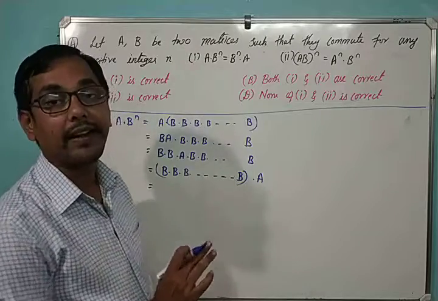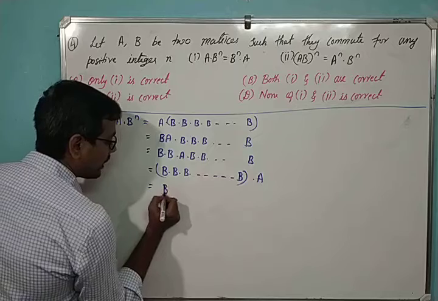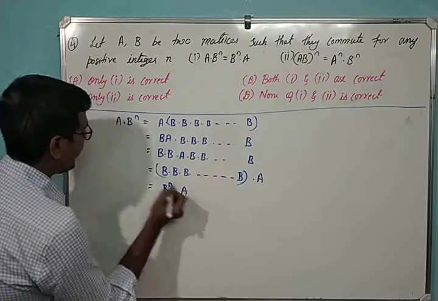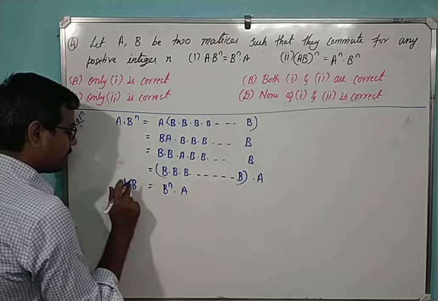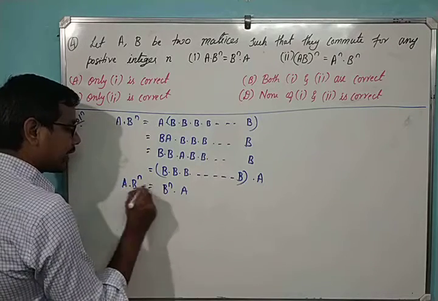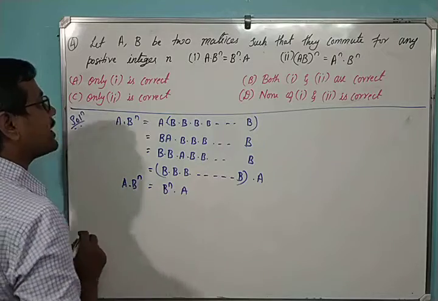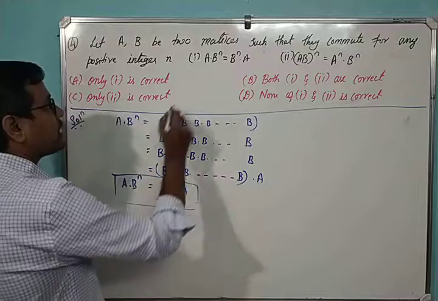N B's are there. B is multiplied n times. So that is B to the power n into A. So A into B to the power n can be written as B to the power n into A. So first one is proved. First one is right.